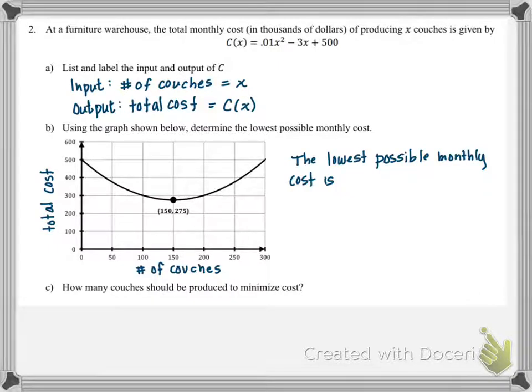So that's another thing that it can be handy to put up here, right in thousands, if you find yourself forgetting that part. Because it's easy to get going with the problem and forget about that piece. So if it helps, or if you find yourself forgetting it, just put that with your statement of what the output represents. So the lowest possible cost is $275,000.